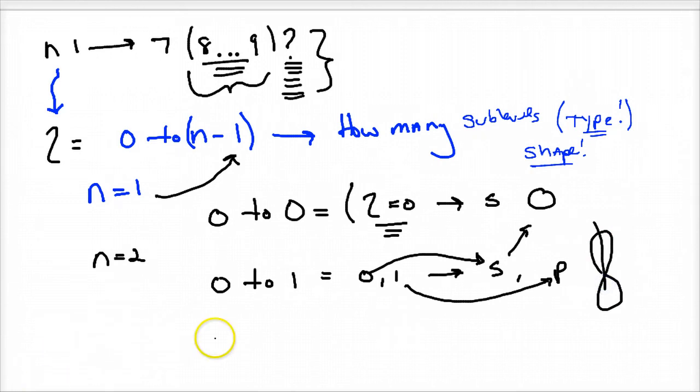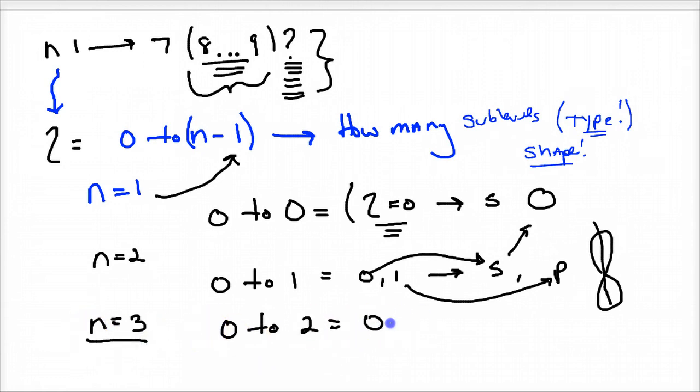As we move on, we'll see that n equals 3, and you plug that into 0 to n minus 1, and you get 0 to 2. So in this third principal energy level, you get a range of possible, and I say possible because it depends if you have enough electrons to go in there, but the possibilities for n equals 3 are 0, 1, and 2.